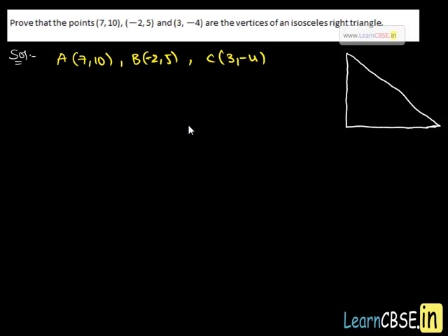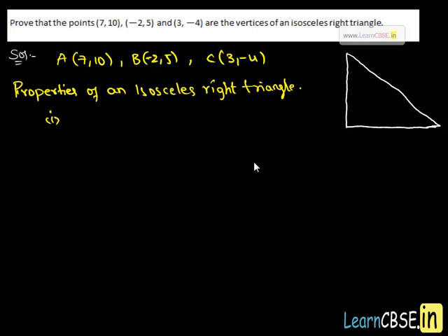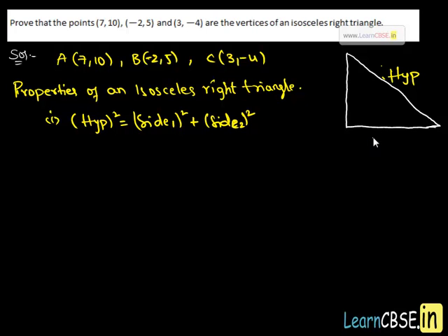One of the ways to prove A, B, C are vertices of isosceles right angle triangle is to use the properties of isosceles right angle triangle. Here we have two properties. In the first property, hypotenuse square is equal to sum of the square of two other sides.